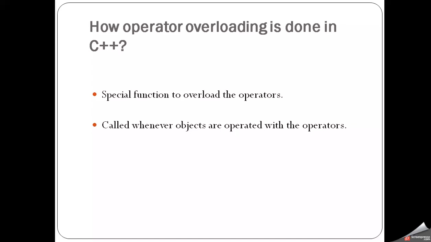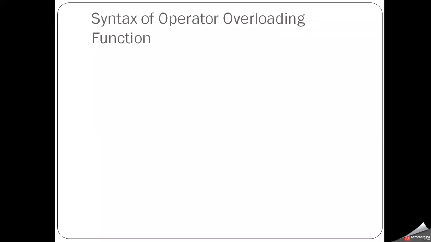We have to remember that we will operate with objects now, not data. Generally, the arguments of overloading functions are objects, obviously, since we will be operating with objects. Now let's look at the syntax of the overloading function.